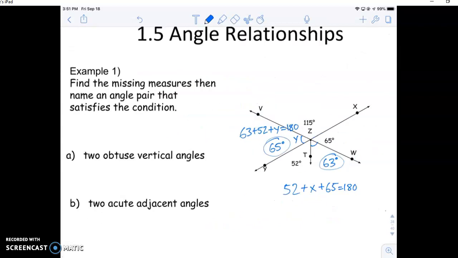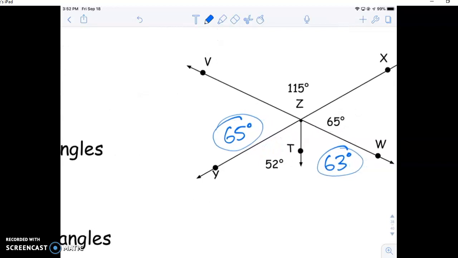Alright, and then part A says find two obtuse vertical angles. Remember, vertical angles are angles that are opposite of each other, formed when two lines intersect. Vertical angles are just opposite. Alright, so if you look, the only obtuse angle that we have is this angle.